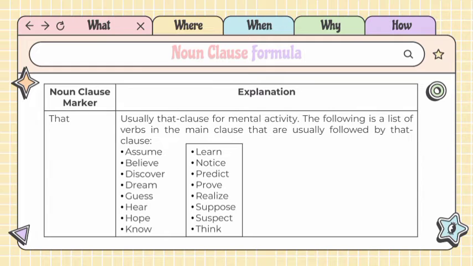That: usually a that clause is for mental activity. The following is a list of verbs in the main clause that are usually followed by a that clause: assume, believe, discover, dream, guess, hear, hope, know, learn, notice, predict, prove, realize, suppose, suspect.